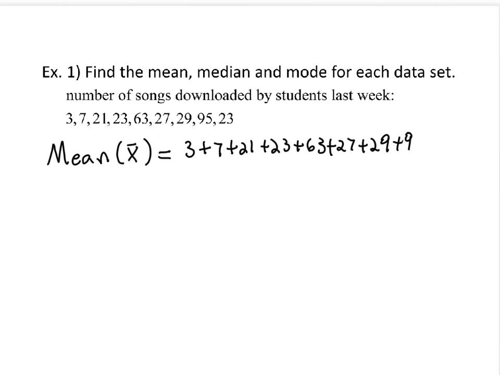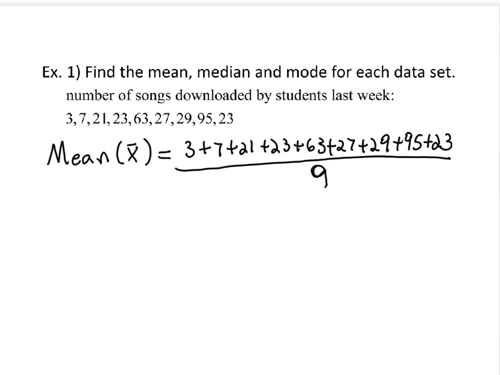This is supposed to be a 95 here, and 23. And all of these right here, what is the sum? You're going to divide by the number of students, or the number of numbers you have in the data set, which is 9.